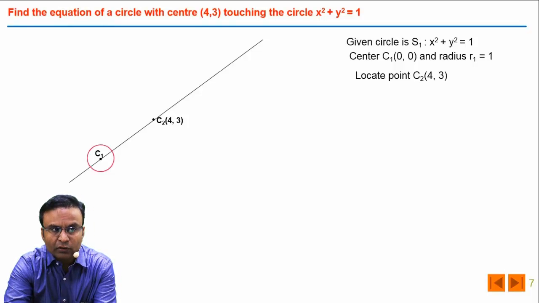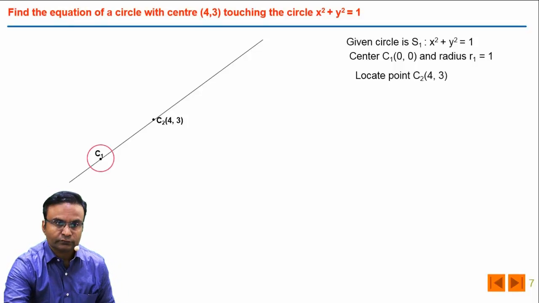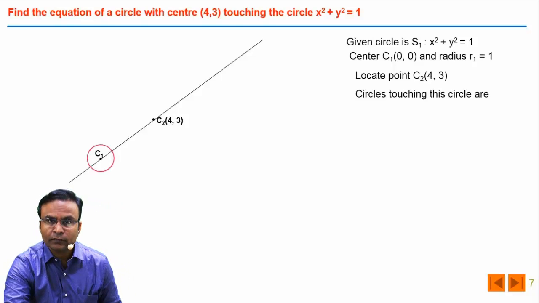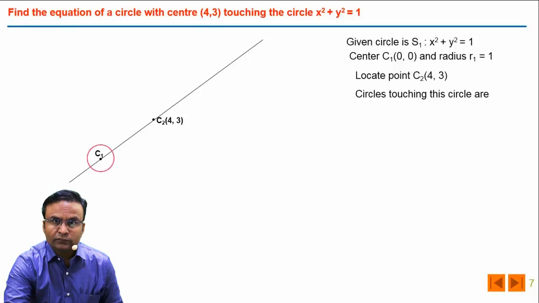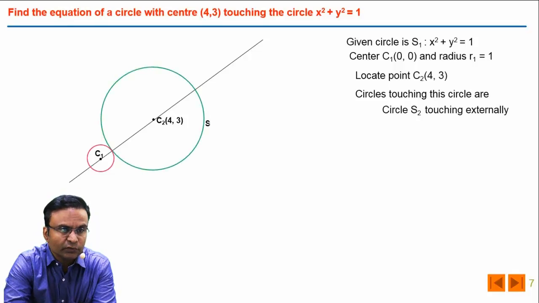Now how can you draw a circle with center at C2 and touching this smaller circle? How many circles can be drawn? 1 or 2 circles? We have circle S2 touching this circle externally. This is circle S2 which is touching the given circle externally.